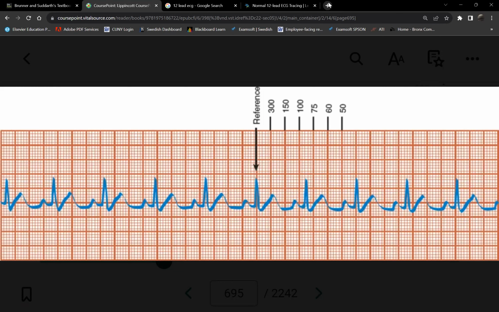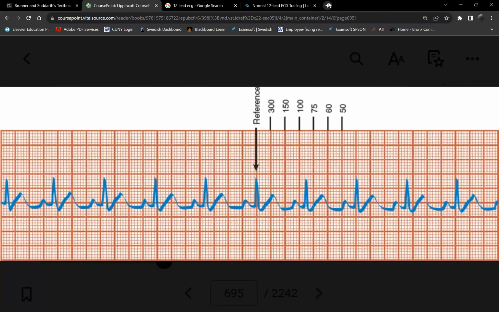Let's do big boxes now. Pick any 2 R waves. This one? This one? Okay, this one to this one, right? These 2. So how many big boxes are there between here? 1, 2, 3, and is it really 3? Exactly 3?